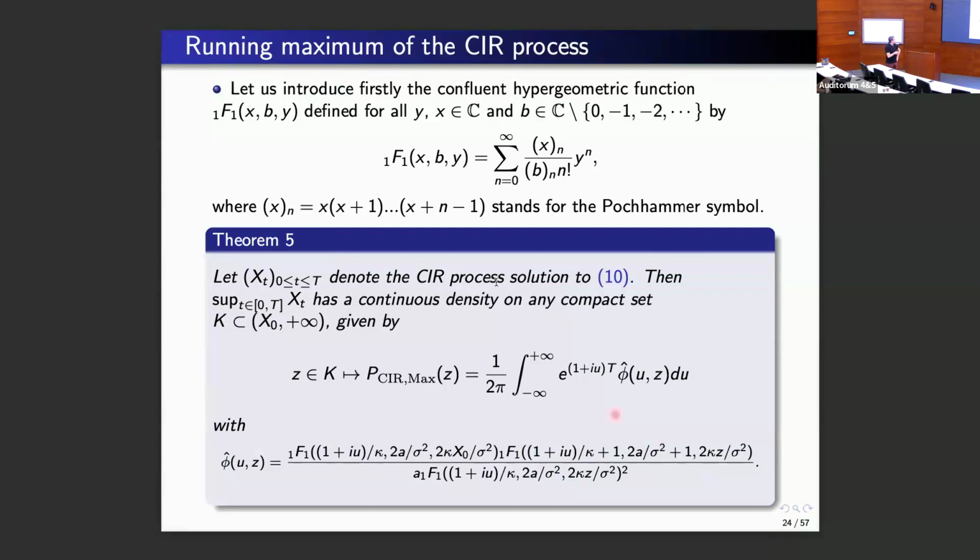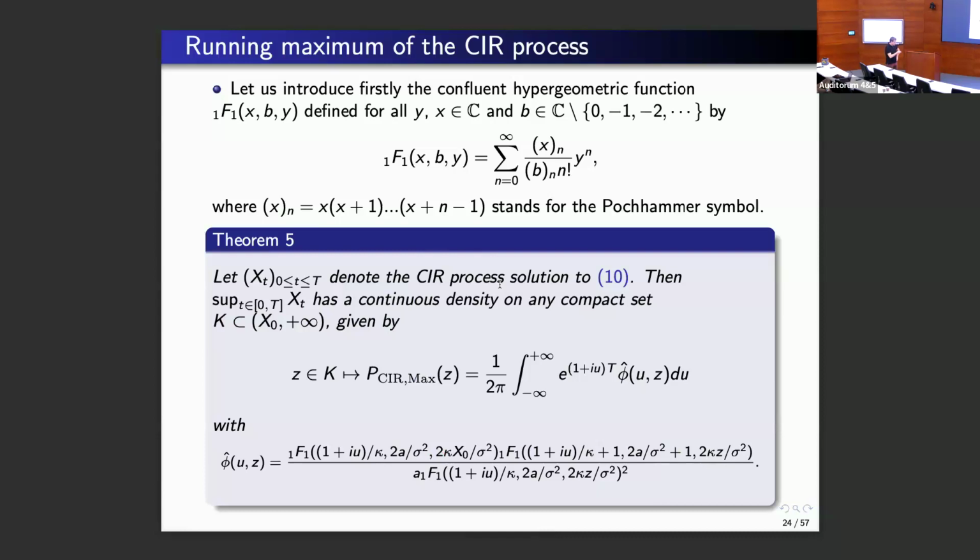So what we showed here is that for the Cox-Ingersoll process, the supremum has a continuous density on a compact set K, included in the open interval x0 to infinity. And we derived a semi-explicit form for the density of the CIR. So this is for the running supremum.